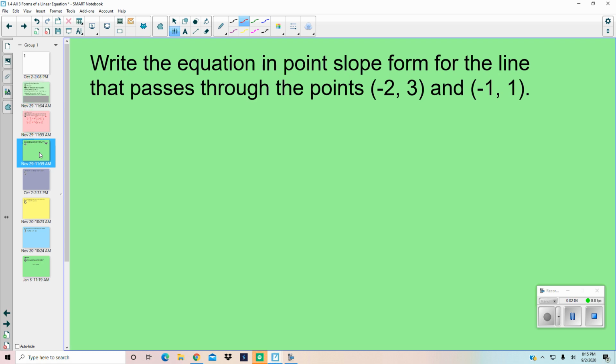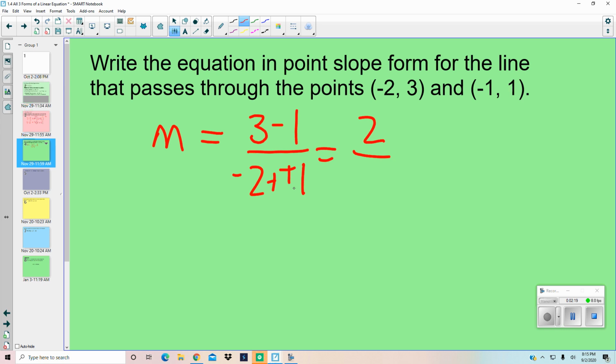When you're given 2 points, how do you come up with point-slope form? Well, you need the slope first. So you're going to take y minus y over x minus x. So that's going to give you a slope of negative 2. And then you can use either point and you'll get the same answer.